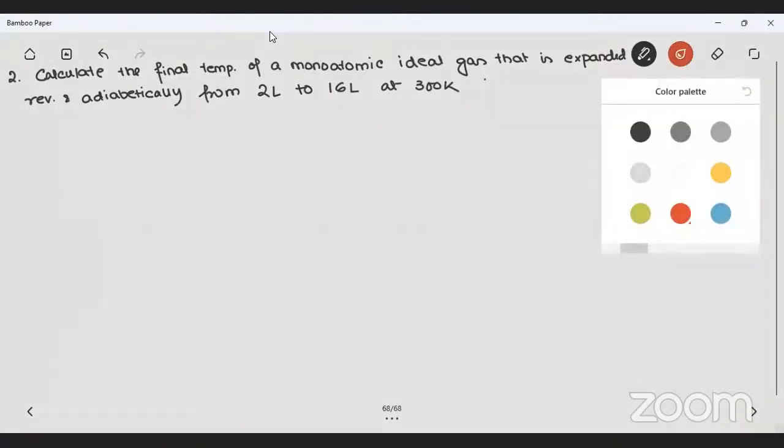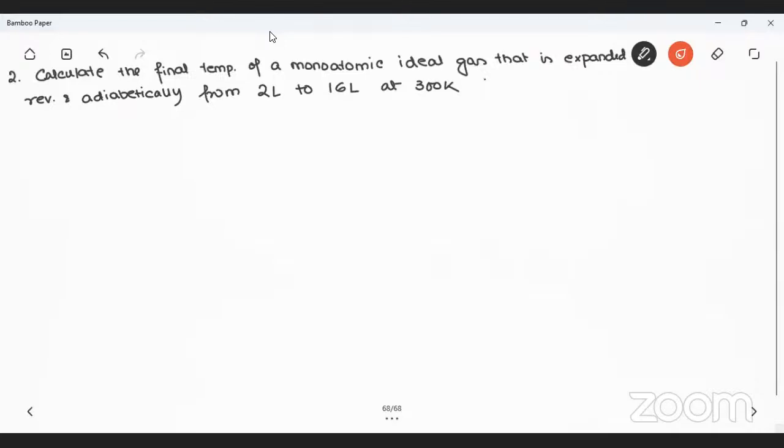How to solve this? See what it is said. Final temperature of a monoatomic ideal gas, which is expanded reversibly and adiabatically. Right? So, T V to the power gamma minus 1 is constant. So, what can we write?